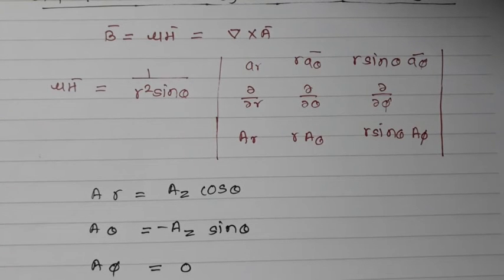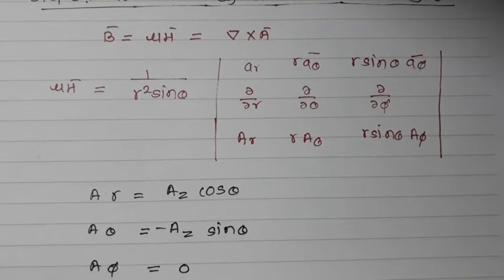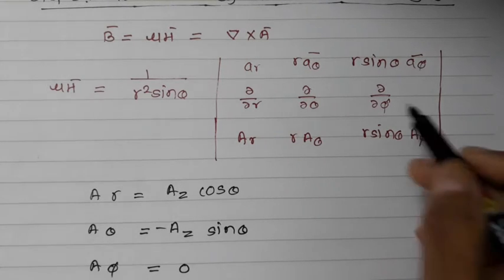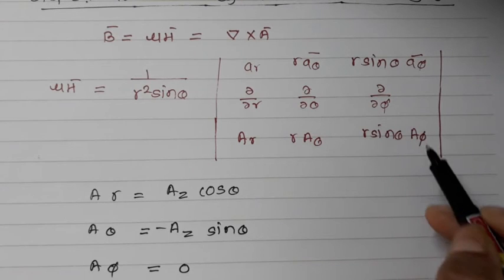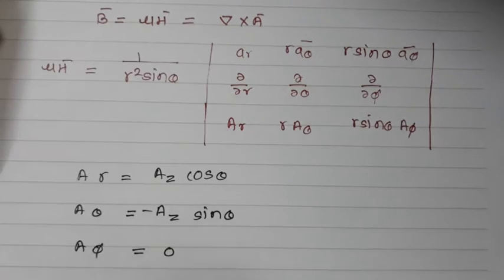Since the current filament is placed along the z-axis, there is a cylindrical symmetry giving AZ independent of phi. And that's why d by d phi is equal to 0. So using the previous equation, A phi is also equal to 0.